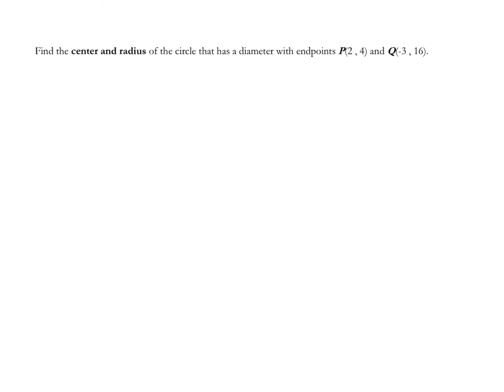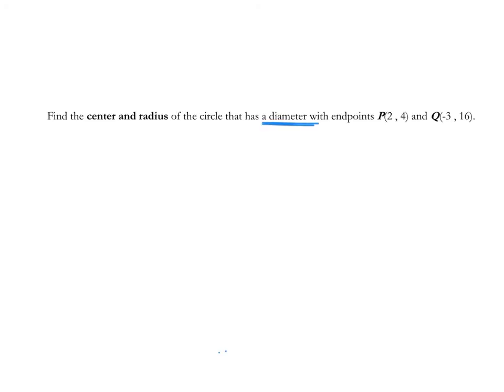All right, last problem. It says, find the center and radius of the circle that has a diameter with the following endpoints. If you are given the diameter of a circle, then that means the center is going to be the midpoint. Think about why: because the center is in the middle of the diameter.